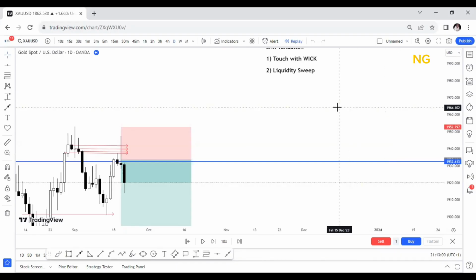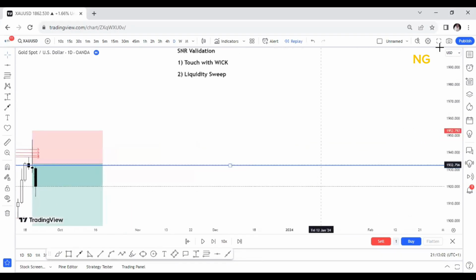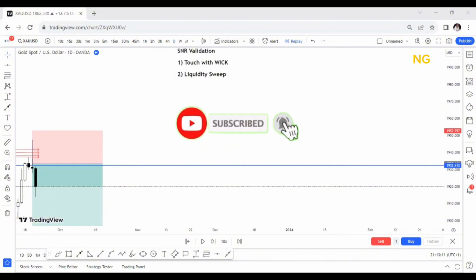Then we talk about the liquidity sweep. Liquidity sweep is simply when price grabs the previous support and resistance. That's the previous high and the low.